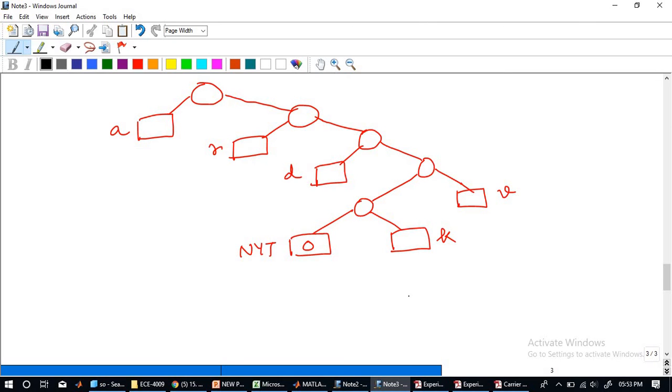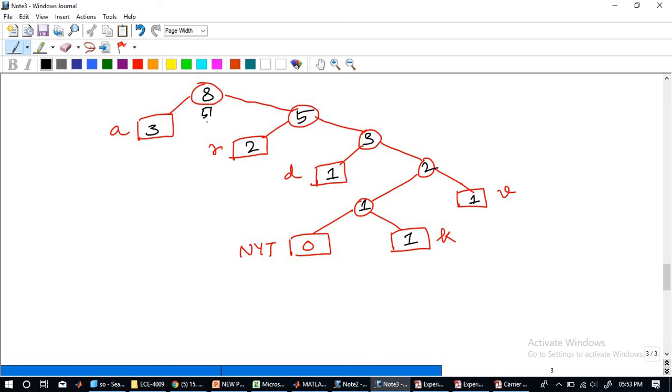Give me the node weights. So this is your 1. So 1 plus 0 is 1. V was 1. So 1 plus 1 is 2. D was 1. So 2 plus 1 is 3. Next, R was 2. So 2 plus 3 is 5. D was 3. 5 plus 3 is 8. Am I clear? Or is there any error anywhere?